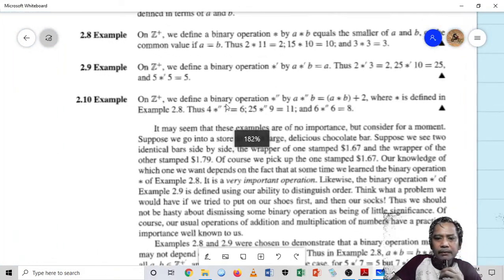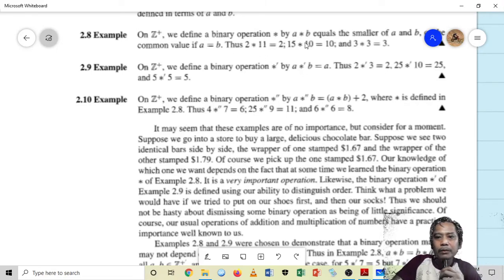In the next example, we have again an operation on Z plus, or positive integers, symbolized by asterisk double prime, defined by a asterisk double prime b is a asterisk b plus 2, where asterisk is defined in example 2.8.